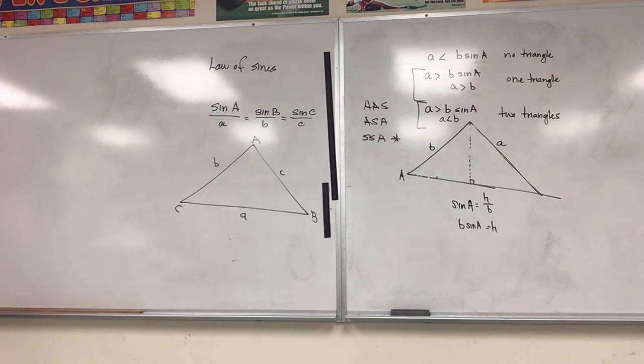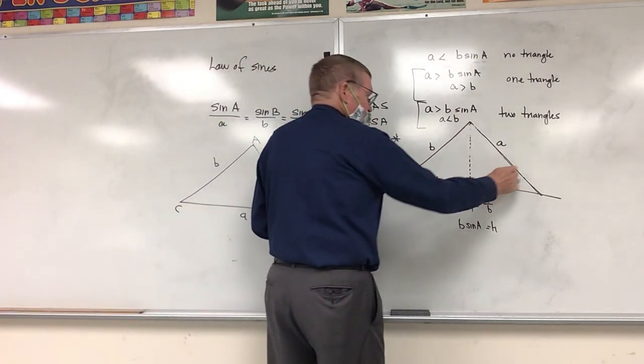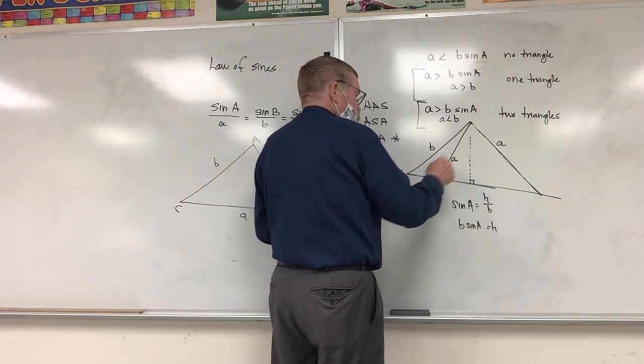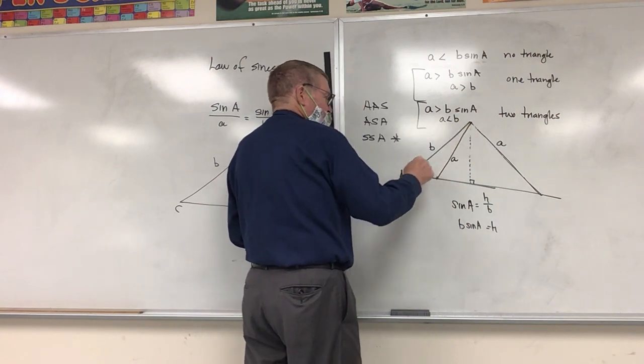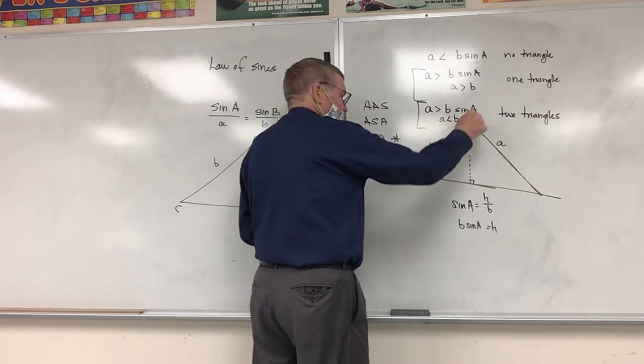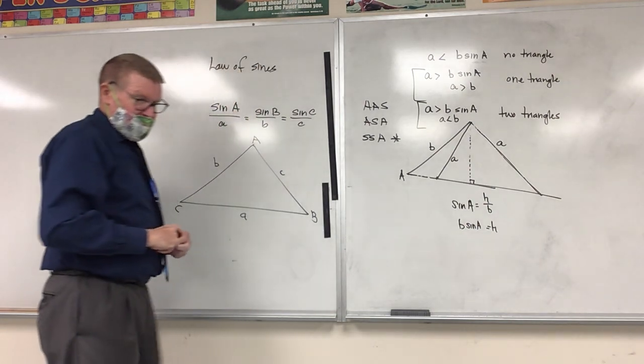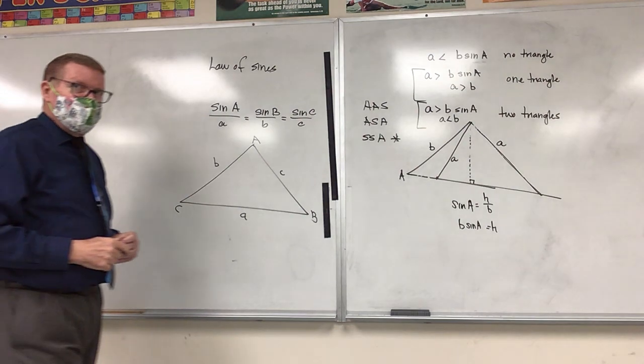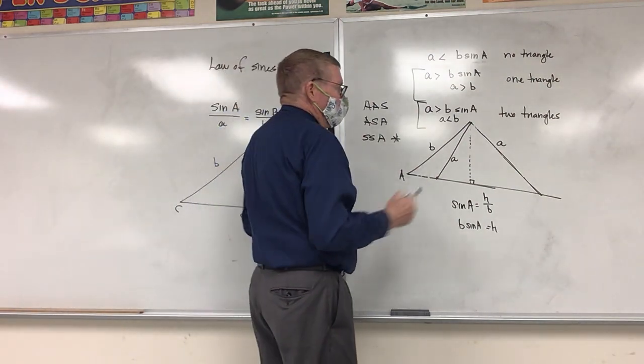If A is greater than B sine A, and A is less than B, we have two triangles. Because now I can swing this side back over here and have this small triangle or have this big triangle. I have two triangles there I can form. How can you form a big triangle when the side's smaller?